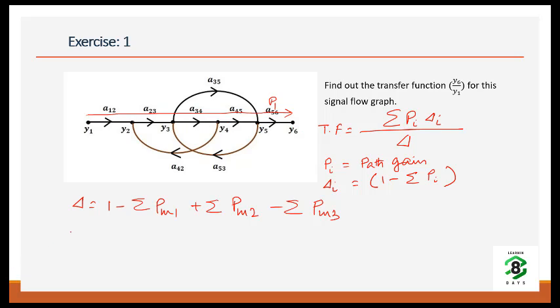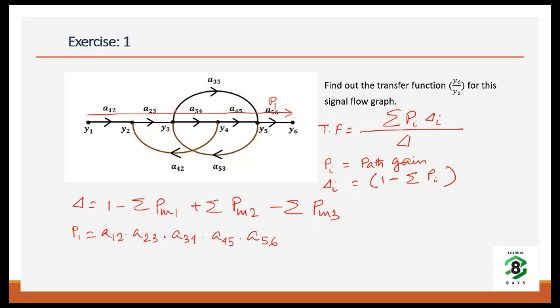If you write the gain of P1, this is a12 multiplied by a23, a34, a45, a56. Okay. We have another path which is going from y1 through y2, y3 and y5.